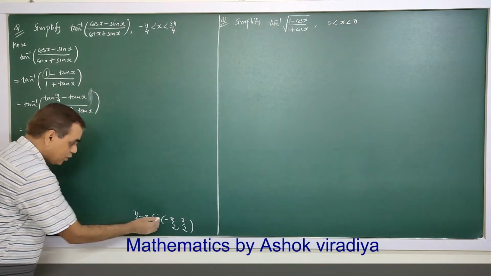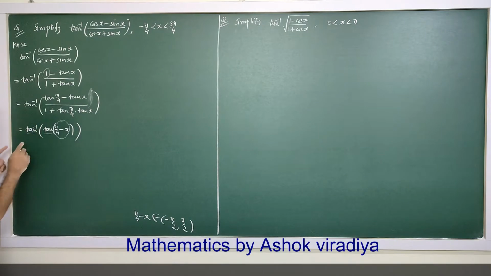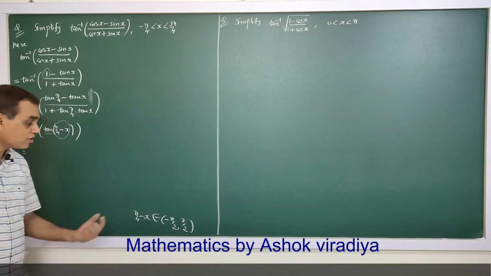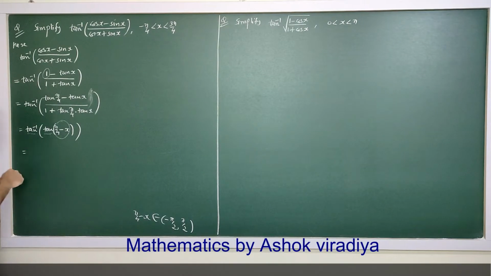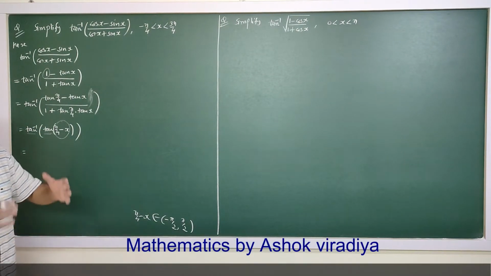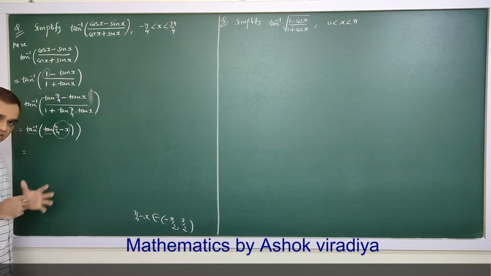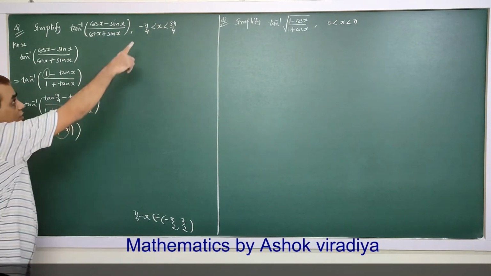Then we can remove tan inverse tan and the value will be pi by 4 minus x. If this number does not belong to this interval, then its value will not be equal to pi by 4 minus x. So let us check where it lies, for which we use the condition.